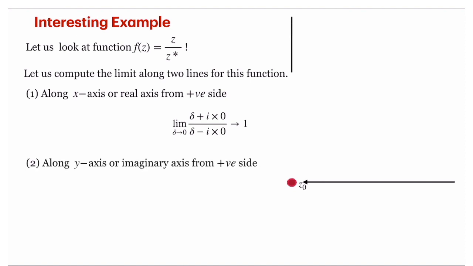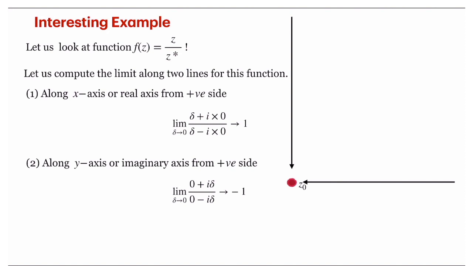Let's look at another direction, that is coming from the positive imaginary axis, that is you are coming along the imaginary axis and approaching the z0, which is a point. So here we have a real part is 0 and only imaginary part is there. So let's take the limiting case, delta going to 0, 0 plus I delta divided by 0 minus I delta, complex conjugate.